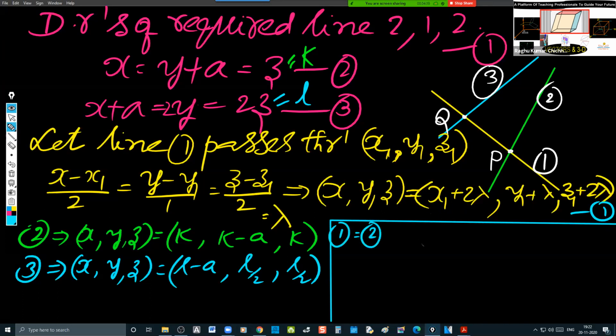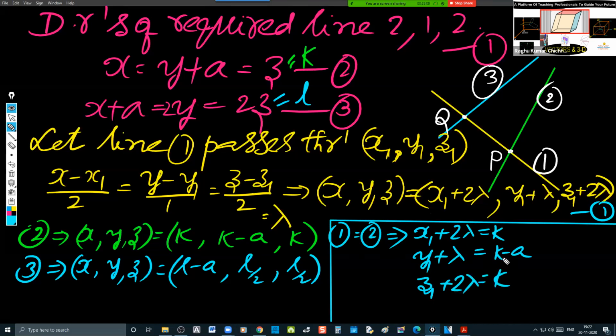Then what do you get? x1 + 2 lambda = K, one equation. And y1 + lambda = K minus a. And the third one, z1 + 2 lambda = K.